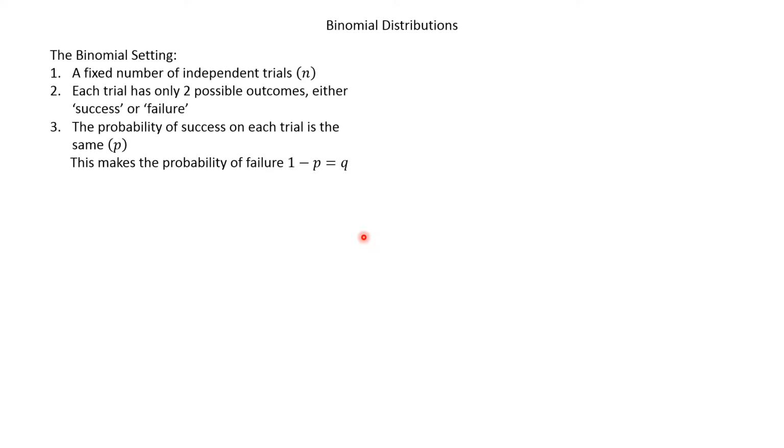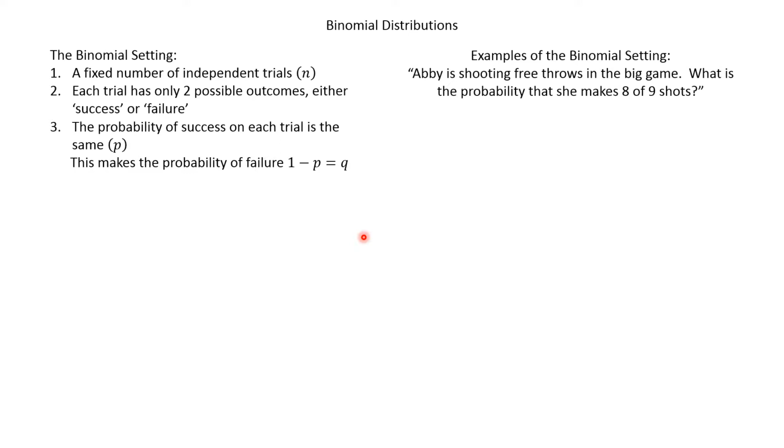And so what are some examples of some binomial settings? Let's say Abby is shooting free throws in the big game. What's the probability that she makes 8 of 9 shots? So, do we have a fixed number of trials? Yep, there's 9 shots. Are they all independent of each other? As far as we can tell, one shot shouldn't affect the other shot. I know there's probably some psychological deal going on, but yeah, they're independent.